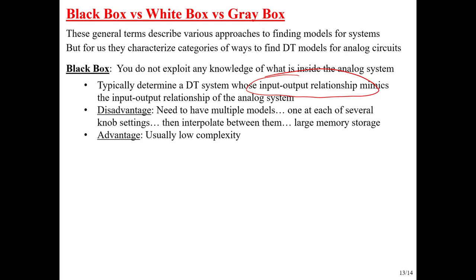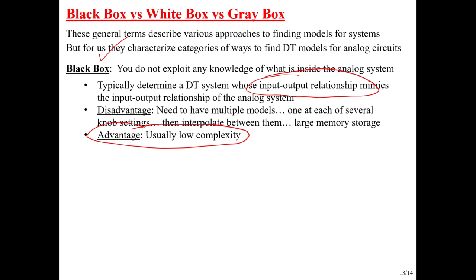So the advantage of this approach is the solutions that come out of it are usually pretty low complexity because we're just kind of guessing as to what might be involved. And to be honest, this was one of the early approaches to this, and we'll talk about that more in the next note set. Today, I don't think the black box approach, as it was originally employed, is what is being done.